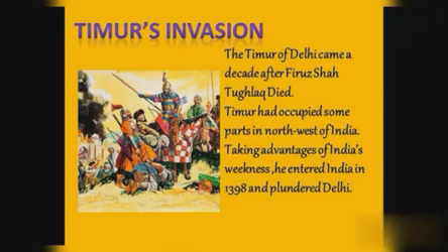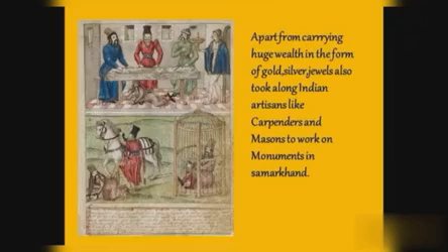Taking advantage of India's weakness, he entered India in December 1398 and plundered Delhi. Punjab, beside the Delhi city, was the province that suffered most by Timur's raid. Apart from carrying huge wealth in the form of gold, silver, and jewels, he also took along Indian artisans like carpenters and masons to work on monuments in Samarkand.